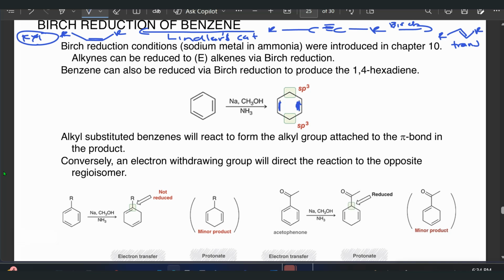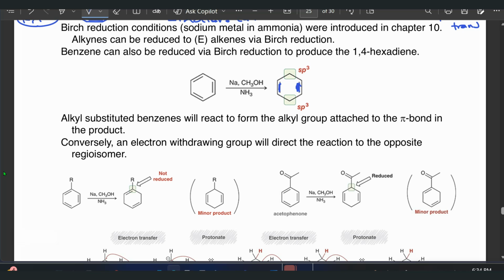The variable is going to be whether you have an electron donating group or electron withdrawing group, and I'm going to give you the shortcut for your flashcard. So if you have an electron donating group, make sure that at least one of those two double bonds shares a carbon with the EDG.